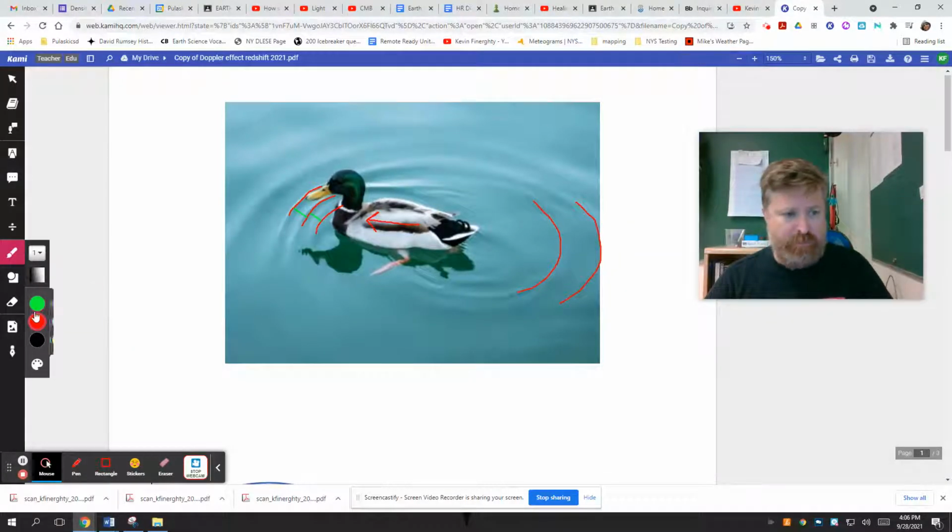Since it's moving away from those, the wavelengths on that side are getting longer. That's called a Doppler shift. It happens in all types of waves: waves in water, sound waves, light waves, whatever waves you can think of. This will happen if the source of the waves is moving. It will shorten the wavelength in front and lengthen the wavelength in back.